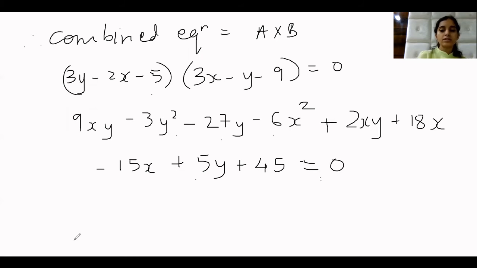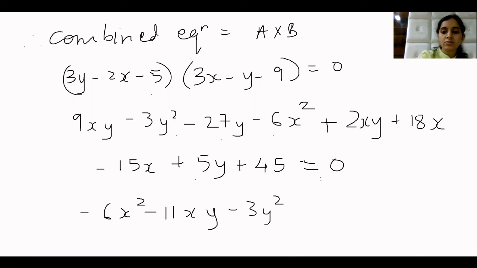Okay, just rearrange the terms and add and subtract, so that will give you the final answer. So the final answer is, first minus 6x square, then the xy term, so 9xy plus 2xy is 11xy, minus 3y square.